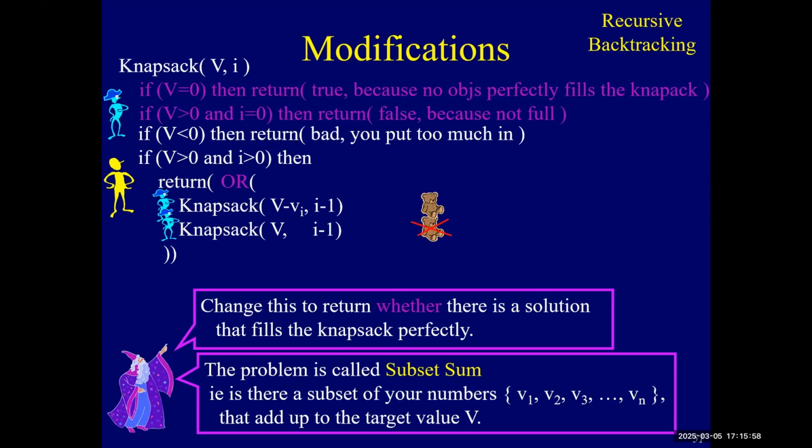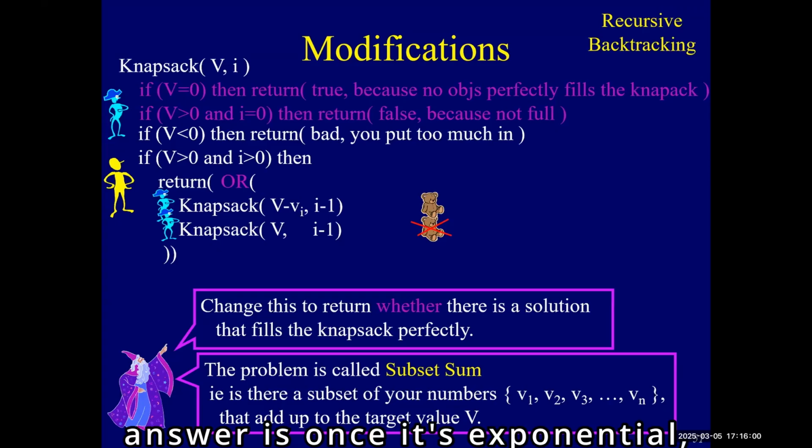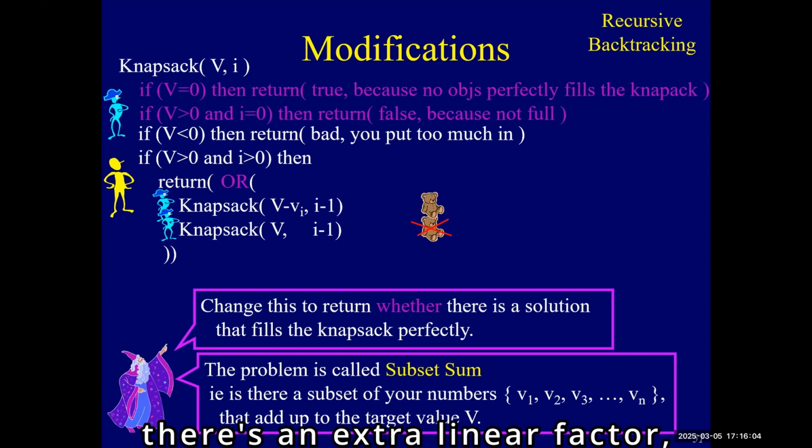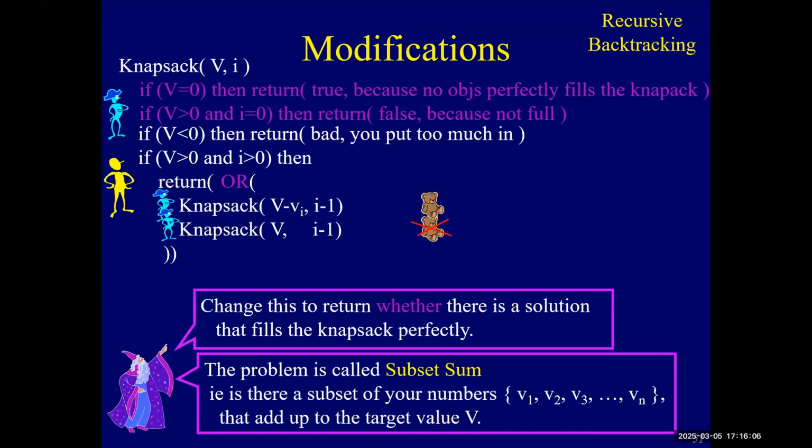So I guess my answer is once it's exponential, I don't care if there's an extra linear factor. It's just too big. So you're right, there's probably an extra n factor there, but I'm not going to worry about it.